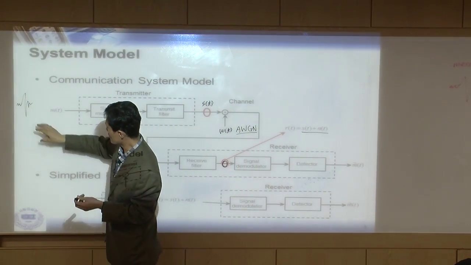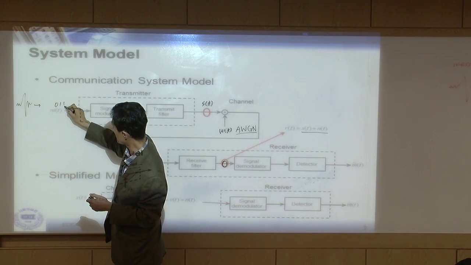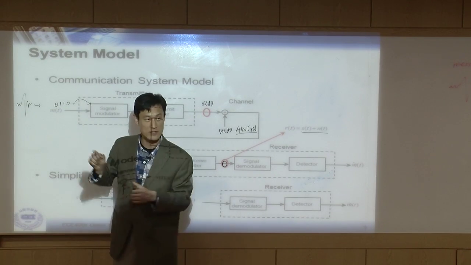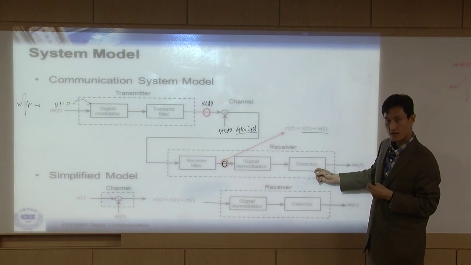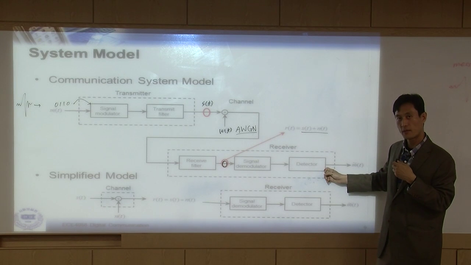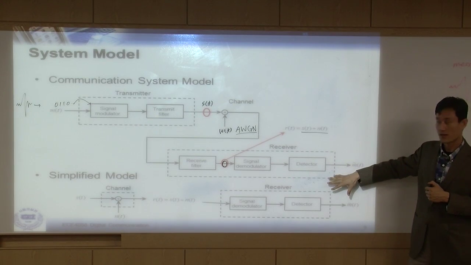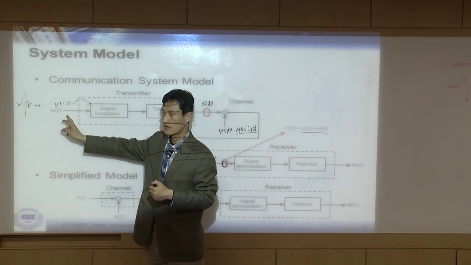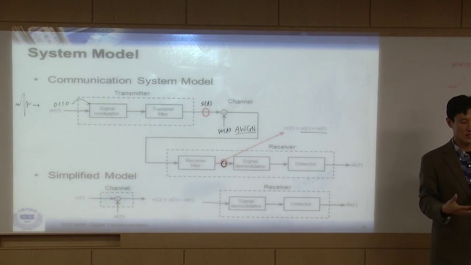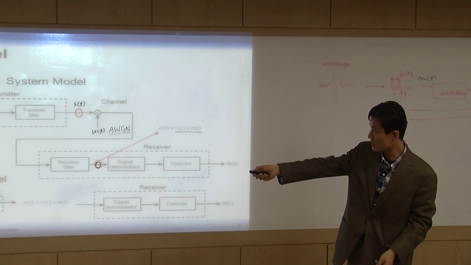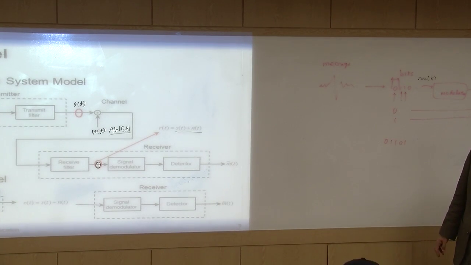But what I'm saying is your original analog will be digitized, and somehow it is changed to bits. And those bits go into the modulator. So right here, from the detector point of view, what we need to decide is whether it's going to be either 0 or 1. If you transmitted 0 or 1, we eventually need to decide it was 0 or 1. That's the decision, because that's what was transmitted. So that's a detector.